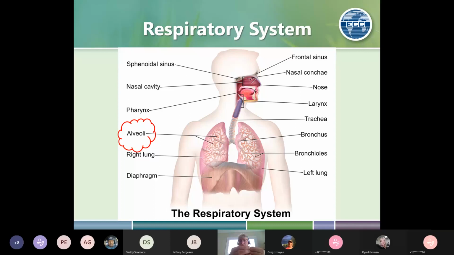When you inhale, you have oxygen-rich air, and the alveoli have a very thin membrane, like 1 cell thick, and it's in contact with your circulatory system, also very small blood vessels that have about a 1 cell thick wall. And when they're in contact with each other, because they're so thin, they're very permeable. So this is the way your body gets oxygen it needs.